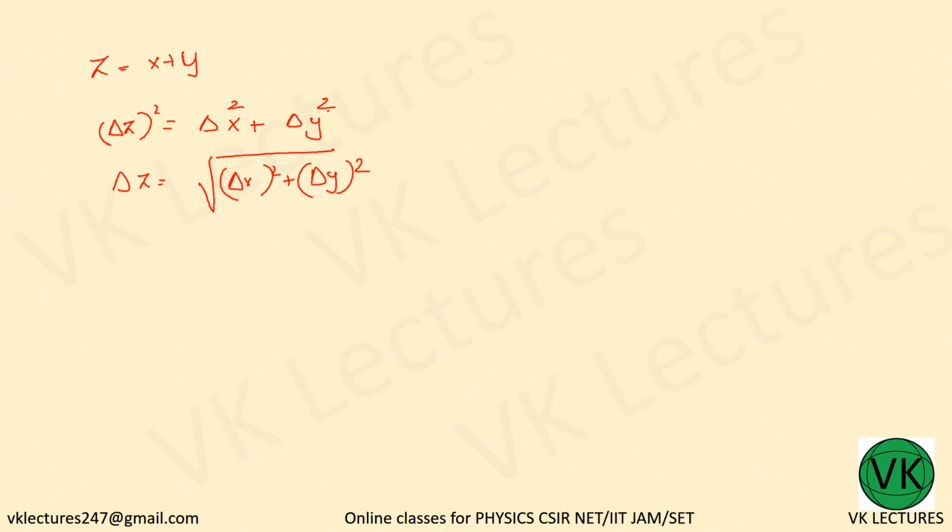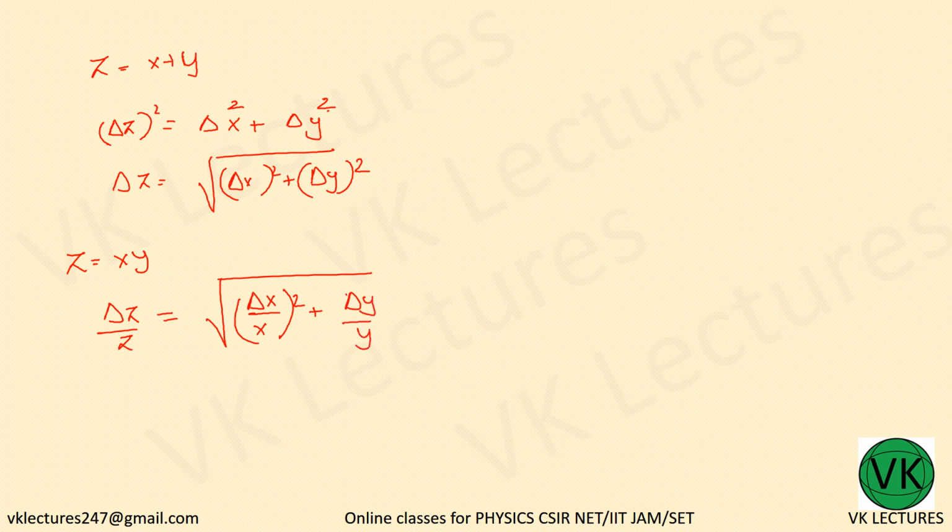Correct? Now suppose z is equal to xy, how will you take this problem? Same, there is no difference. Delta z by z is equal to the square root of delta x by x whole square plus delta y by y whole square. This is also true for z equal to x by y. The same result follows.